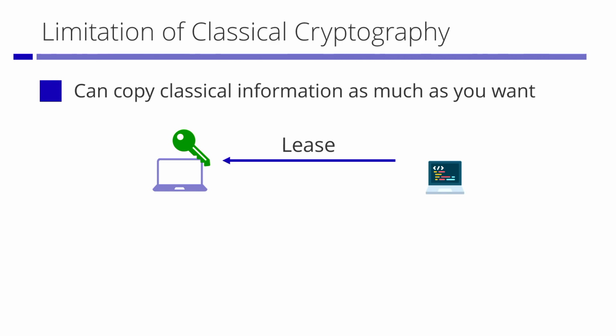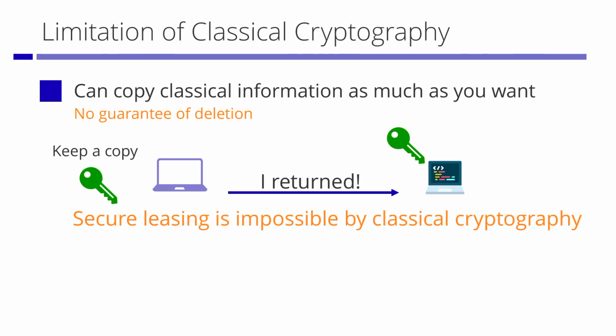Bob borrows a decryption key from Alice. And at some point, Bob claims that I returned your decryption key to Alice. However, it is hard to prove that Bob deleted the decryption key because he can keep a copy of the decryption key.